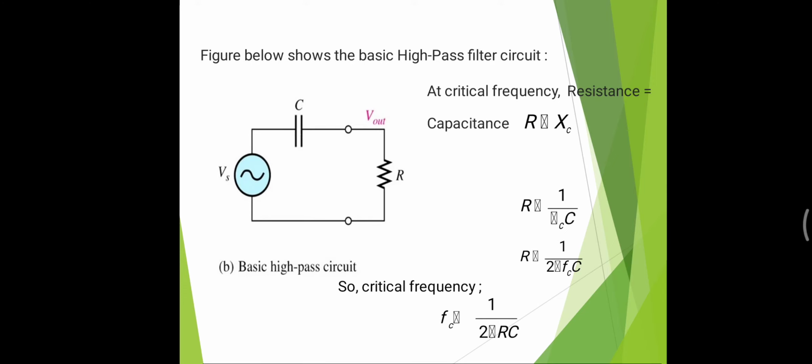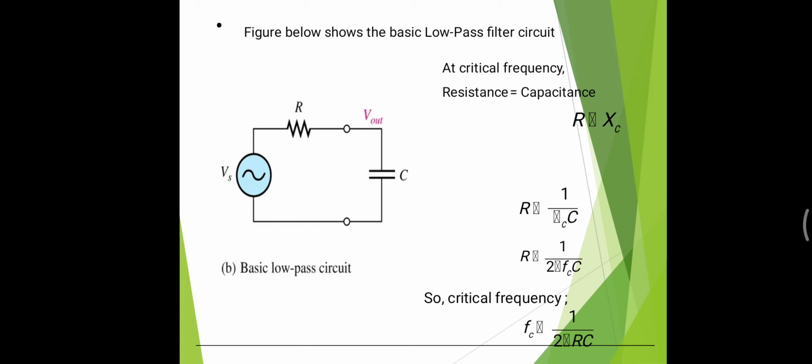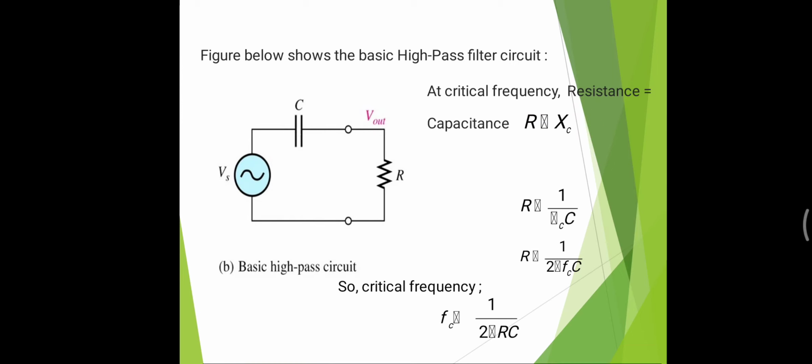Now, this one is the low pass filter circuit, where we get the critical frequency. Now we are going to find it for the high pass filter circuit.